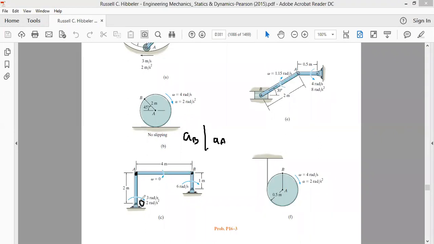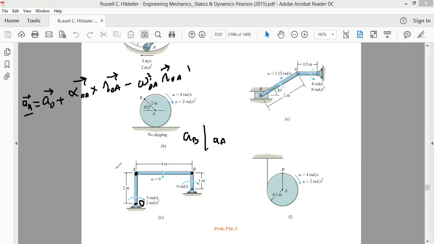Let's call this point O. So the first equation will be acceleration of A in terms of acceleration of O. Then we will write acceleration of B in terms of A. The first equation is: acceleration of A is equal to acceleration of O plus angular acceleration of OA, alpha OA, cross radius vector ROA from O to A, minus angular velocity square of OA, omega OA square, multiplied by the radius vector from O to A. Sorry, multiply, not cross. This is one equation.